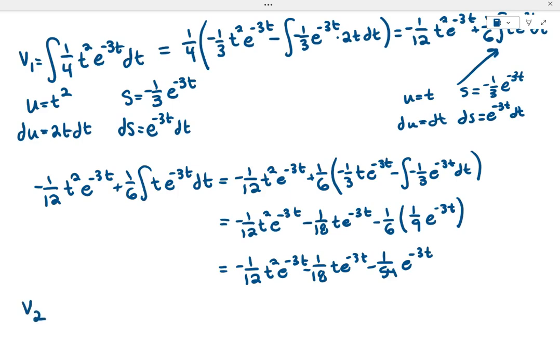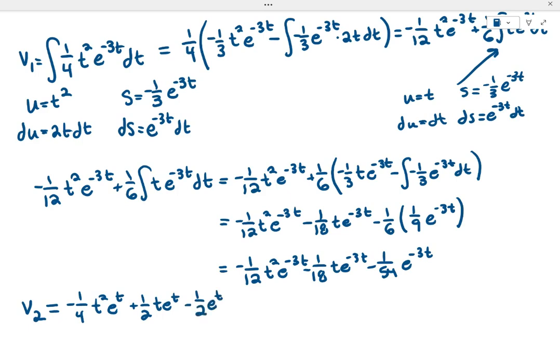I'll leave it to you to go through a similar process to find v2. You should get v2 equals negative 1/4 t squared e to the t plus 1/2 t e to the t minus 1/2 e to the t.